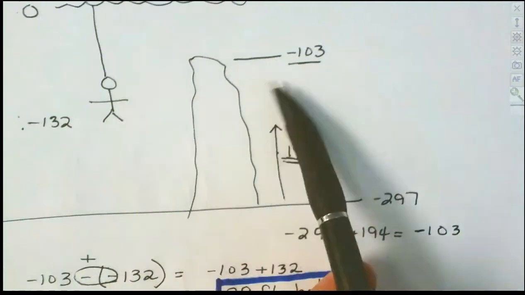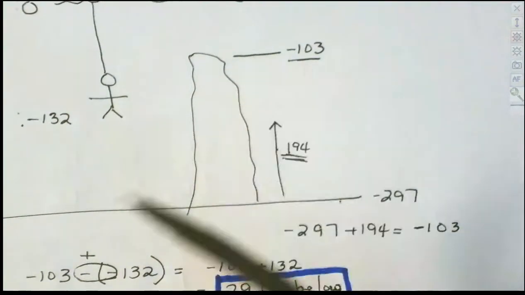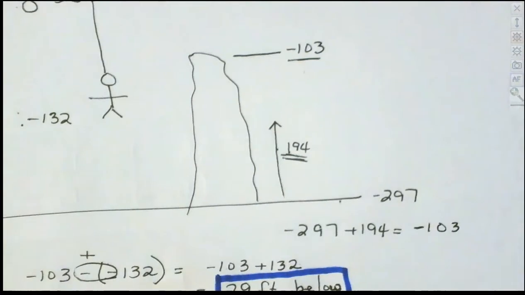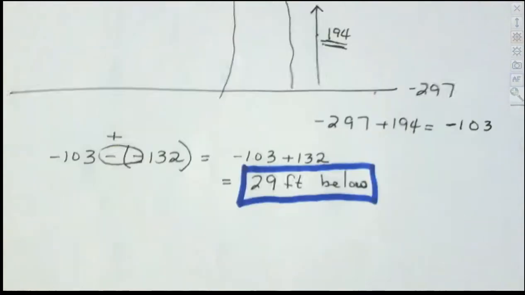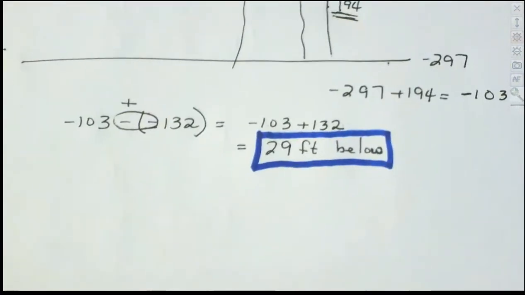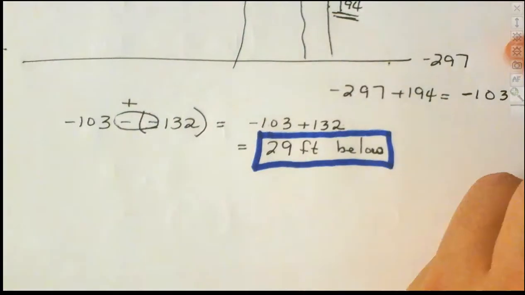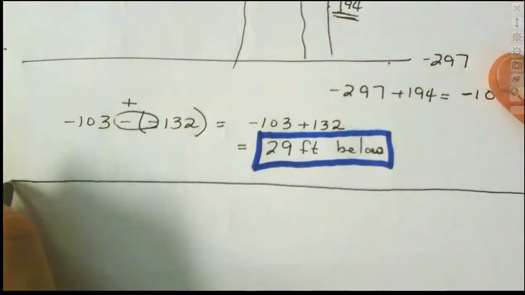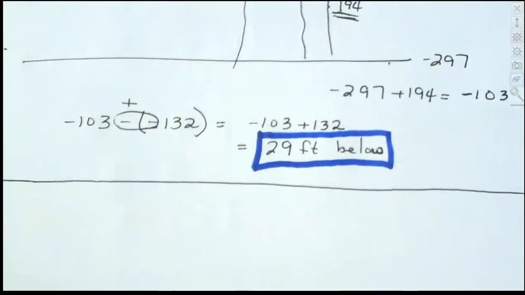We want to figure out how much lower the diver is. So I just subtracted the two, and I got 29 feet below. So that diver is 29 feet below the rock formation. And again, I also would have taken a negative 29 feet, as long as you either label it or use the negative symbol. Either one, just so you know it's below.